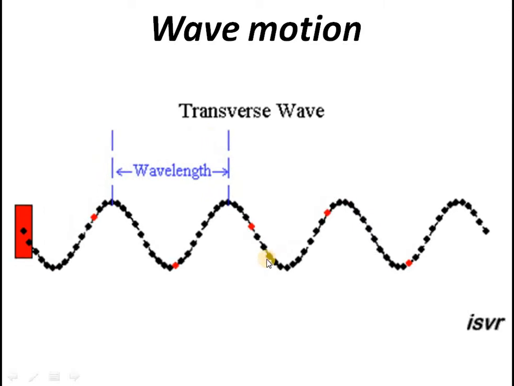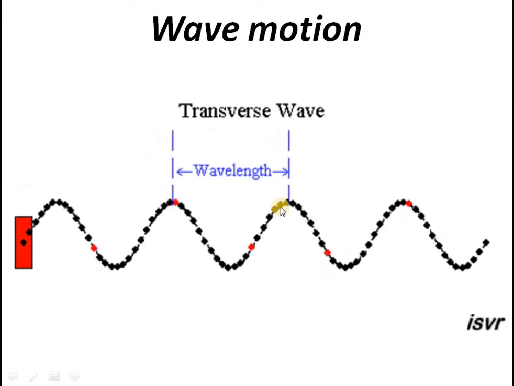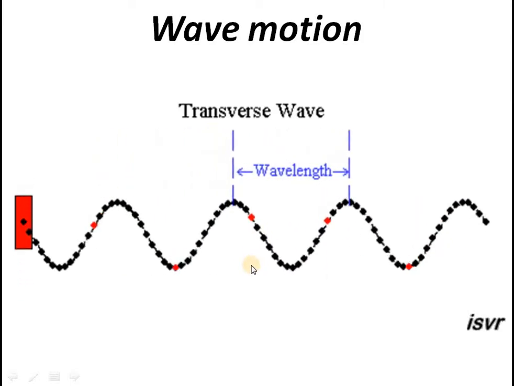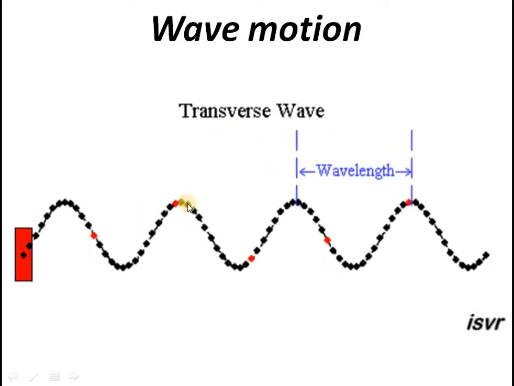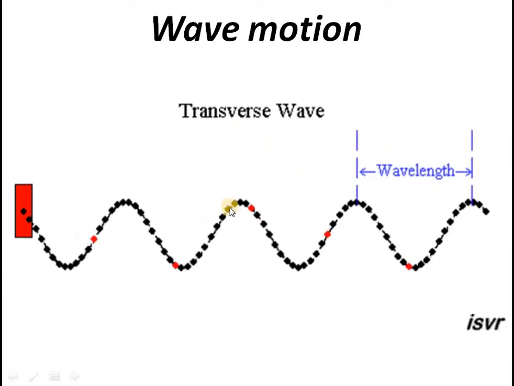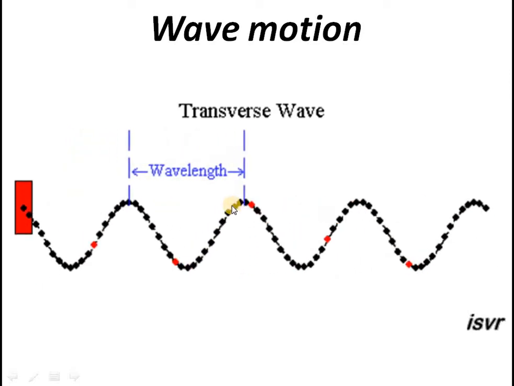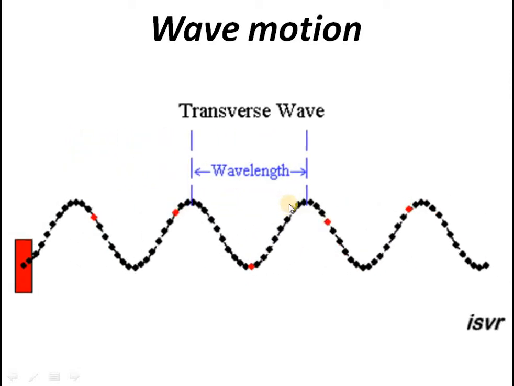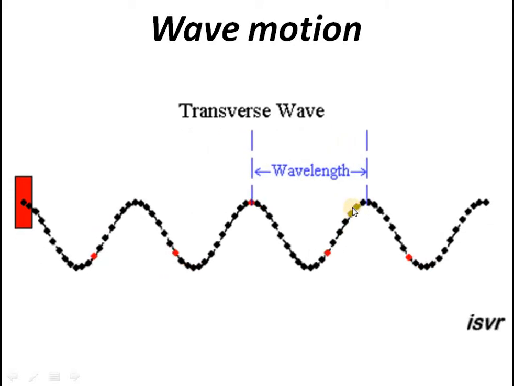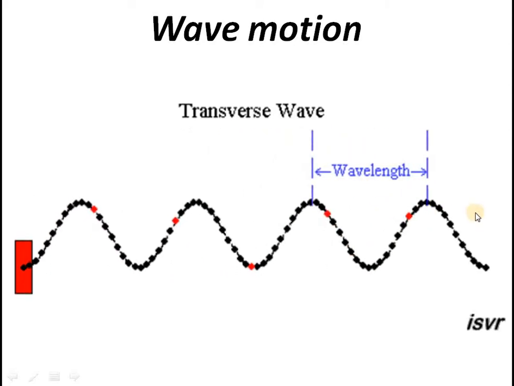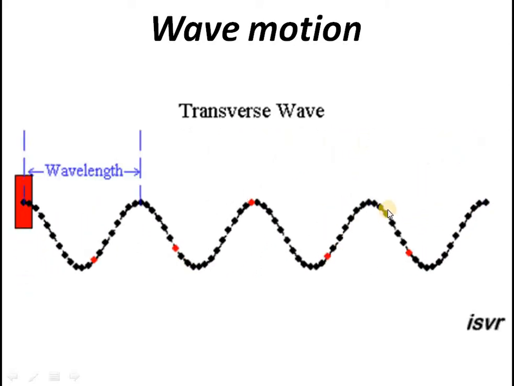So here are the peak point and the valley point. The distance between any two consecutive or adjacent crests is called the wavelength.